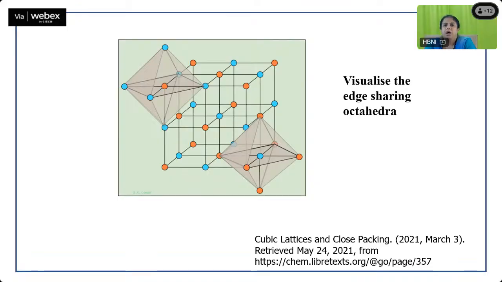Now, let me show you how these are related to each other. Can I express this in the form of polyhedra of chlorine and sodium? One thing that we have understood is I can describe my structure as formed of NaCl6 octahedra or ClNa6 octahedra, right? Now, how are these polyhedra or octahedra joined together? Okay, now assume this was your chlorine. It is surrounded by 6 sodium. Now, imagine this chlorine.